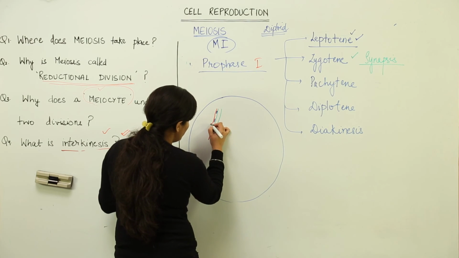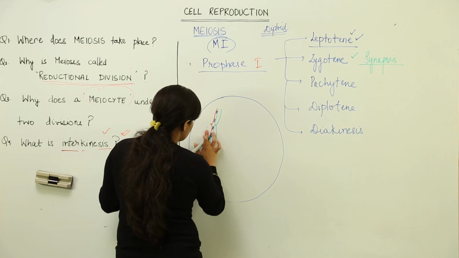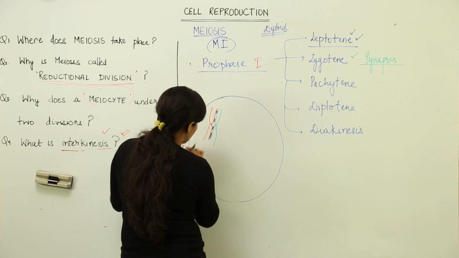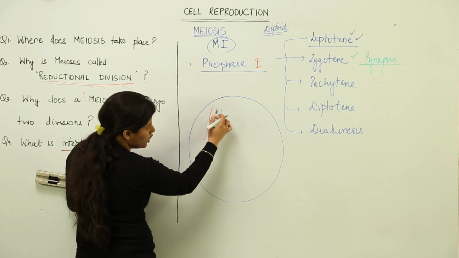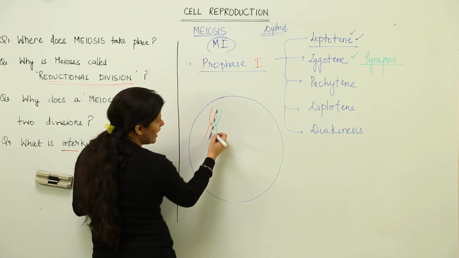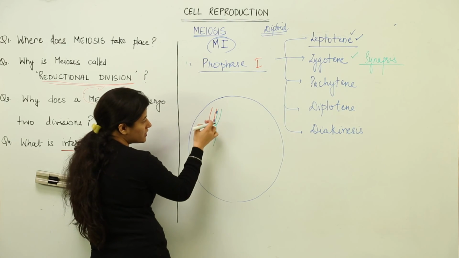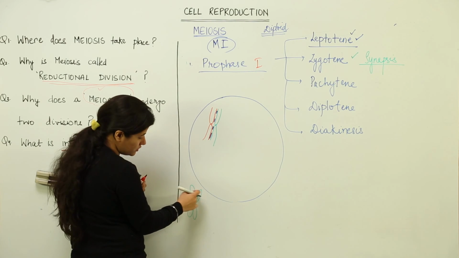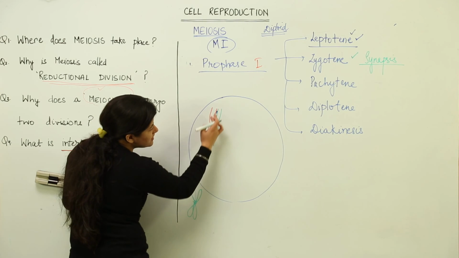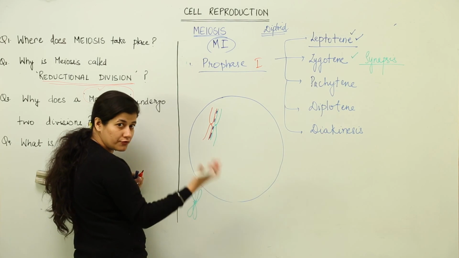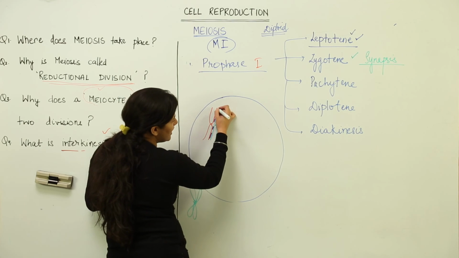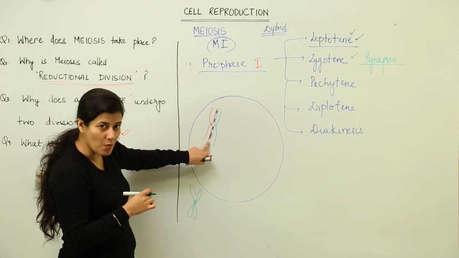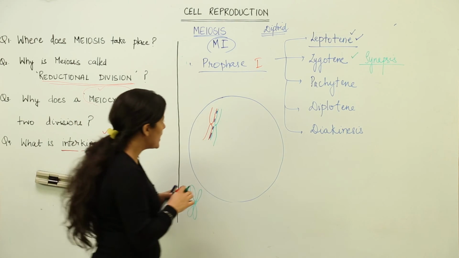This blue part, if it is visible to you, is a synapse. This is the joining part where the homologous chromosomes have joined each other. These are non-sister chromatids. If this and this are copies, they are the sister chromatids. Because these two chromatids belong to different chromosomes of a homologous pair, they are non-sister chromatids interacting at a synaptonemal complex.